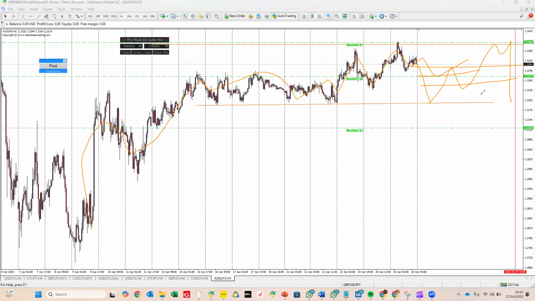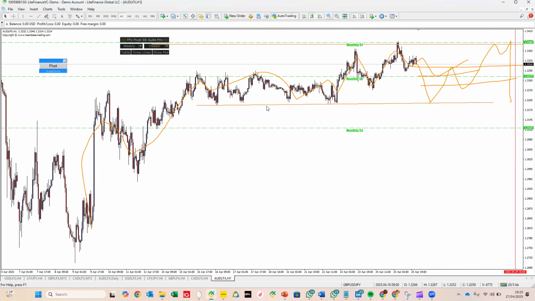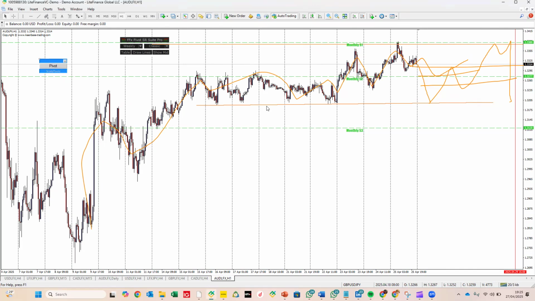I don't think there's anything that suggests it should break out of that structure for now. So what it means is that the only one that I can trade relating to the Australian is the Australian Japanese yen, because yen is supposed to be strong.